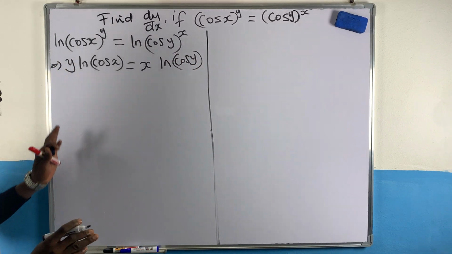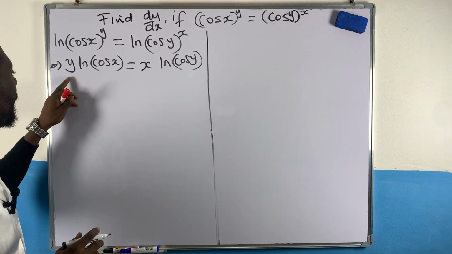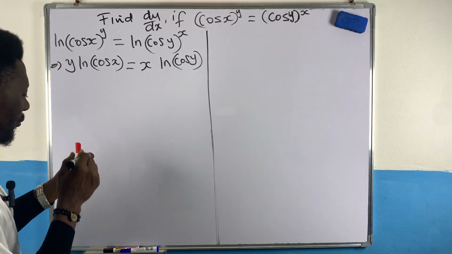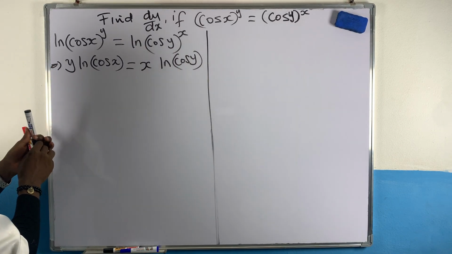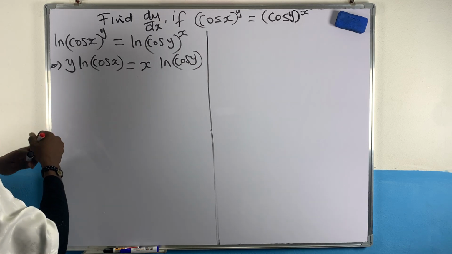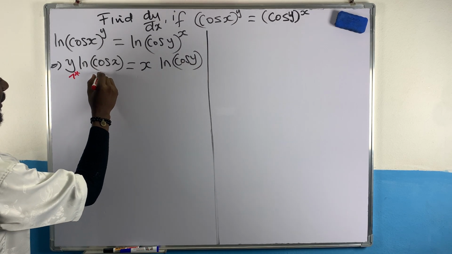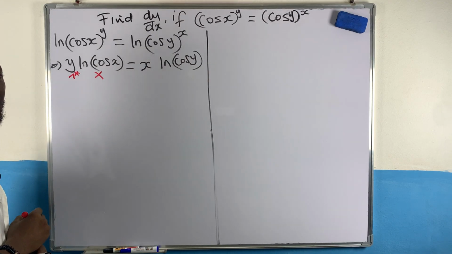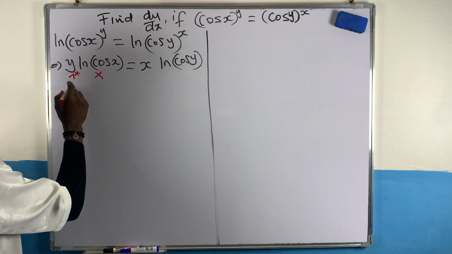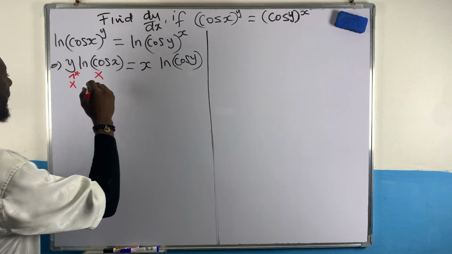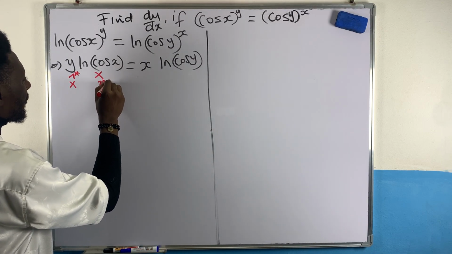So what we actually do is to differentiate. If you look at it closely, each side is a product. So I will differentiate y first, keeping ln cos x without differentiating. Then secondly, I keep y, then I differentiate ln cos x second.